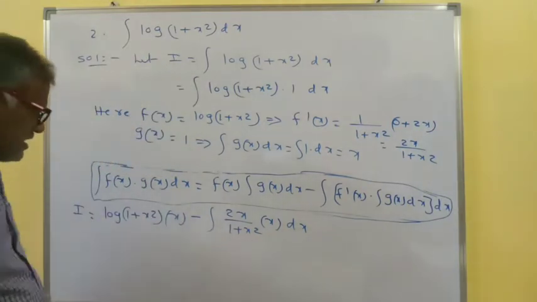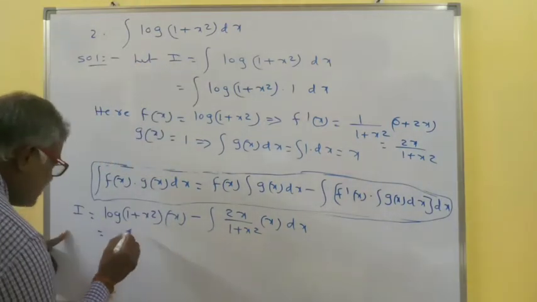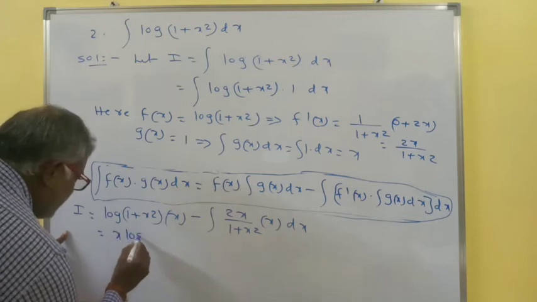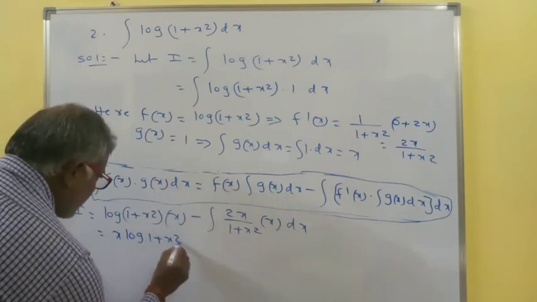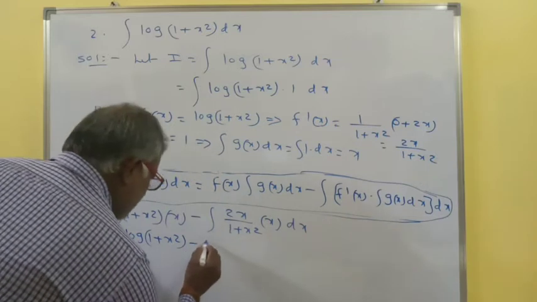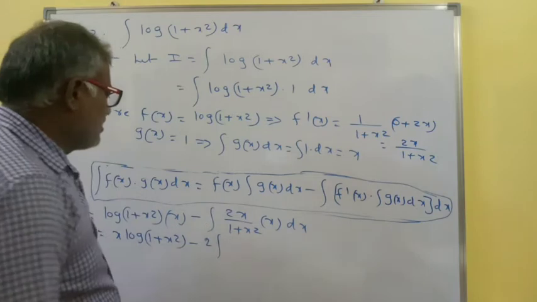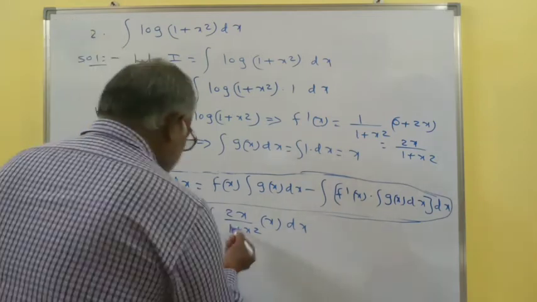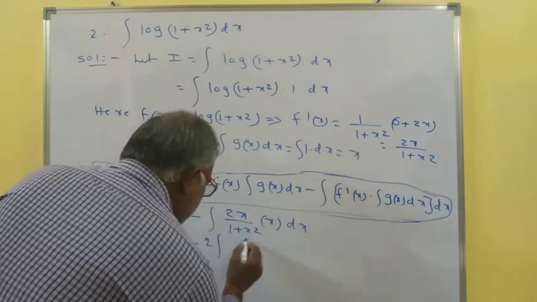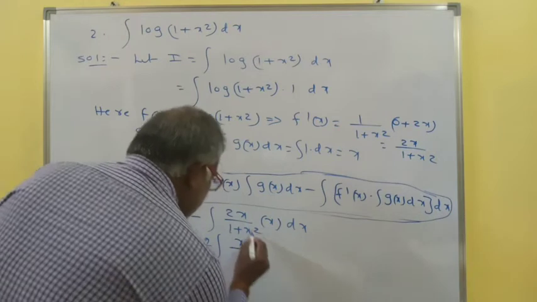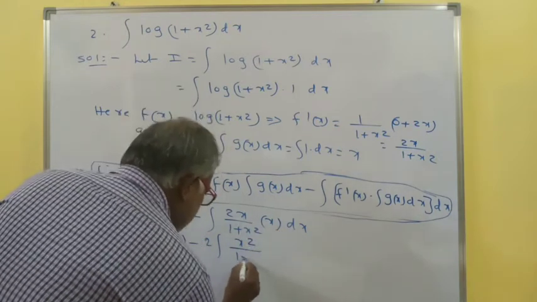So 2 is a constant, so x into log of 1 plus x square minus 2 times the integral, where 2 can come out of the integral. And x into x gives us x square.